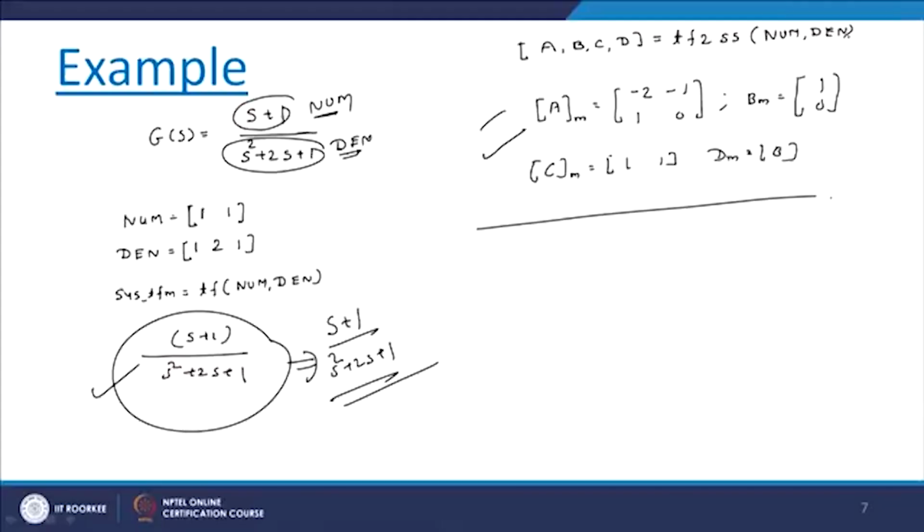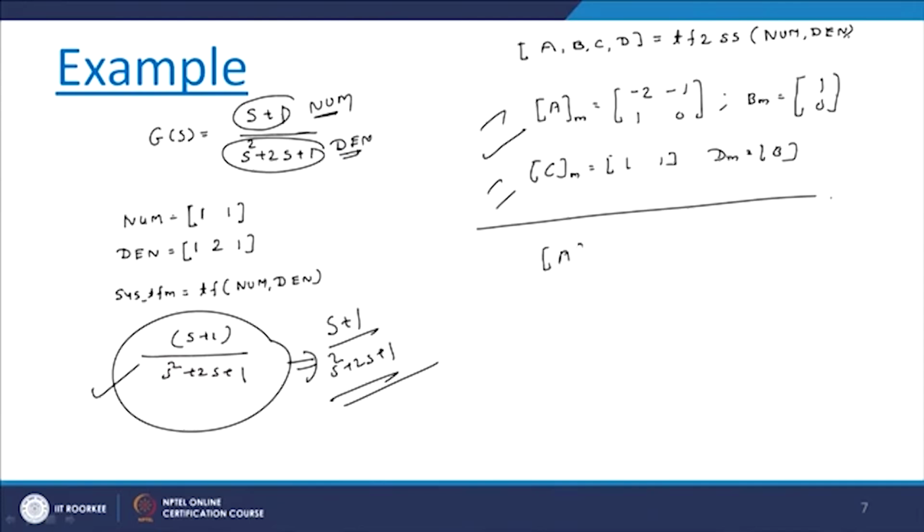So here, by means of this command TF2SS, we have got a state space model like this. But if you see, this model is of a different form.